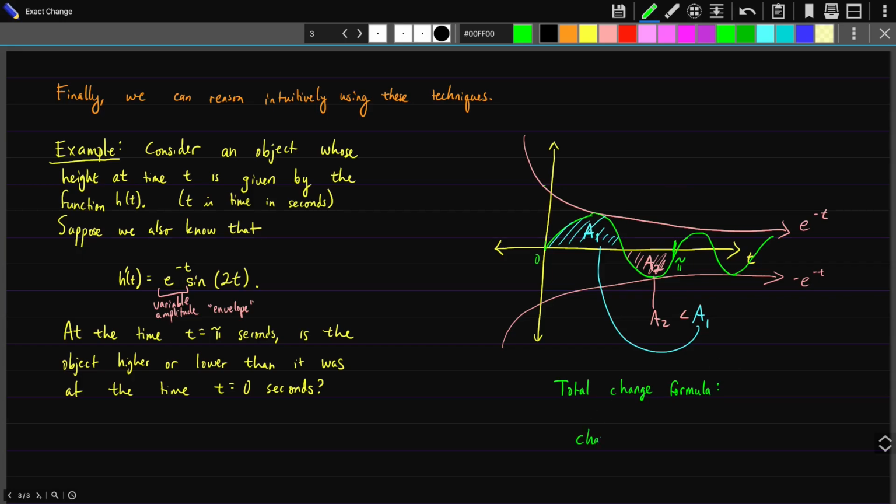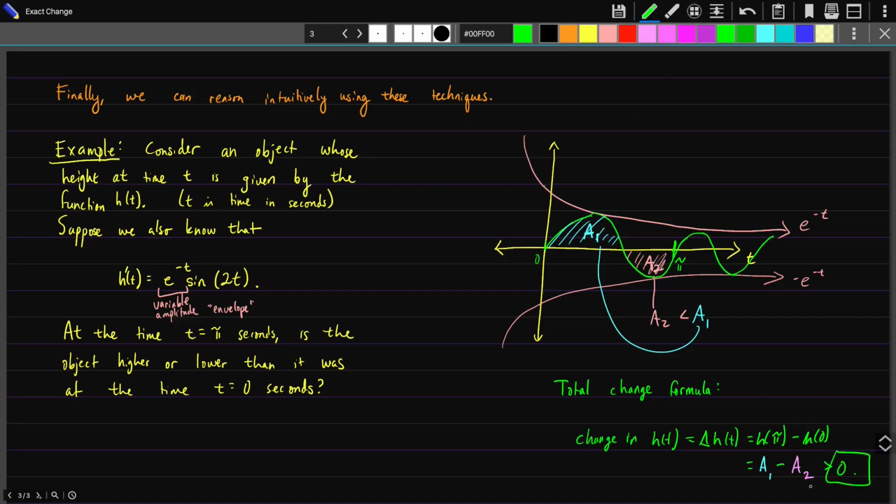The change in h of t, also known as delta h of t, or h of pi minus h of 0, is equal to a1 minus a2. And because from this graph a1 is a bigger hump than a2 is, this difference has to be positive. If you subtract a2 from a1, you have something left over because a2 is smaller.